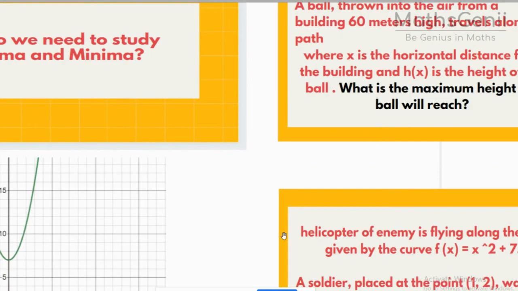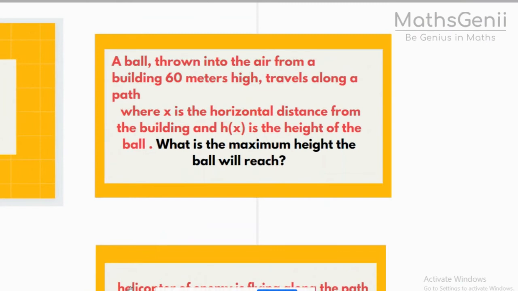So, this might not sound very useful to you, but another example might. So this is just a normal example. I'm throwing a ball up at 60-meter, and what is the maximum height the ball can reach?